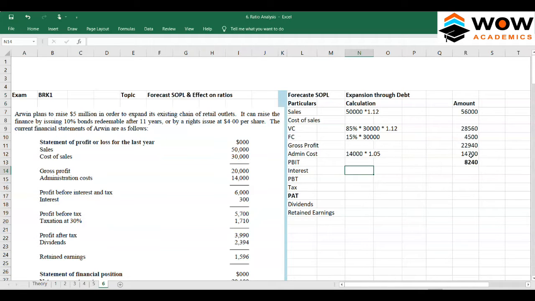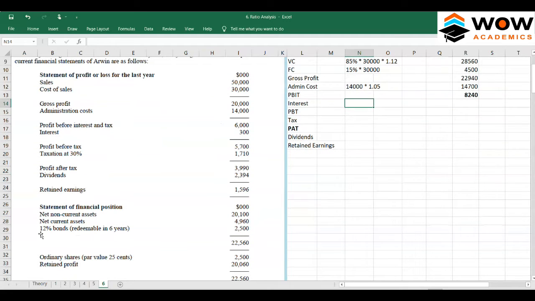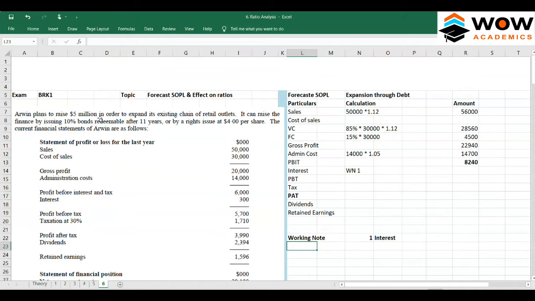Then there's interest. Interest is where things get interesting for us, because if the company is going to issue bonds, let's see whether the company already has bonds. Yes, the company already has bonds, so we have to do a working note here. Working note 1, and this is for interest. The company has to issue a 10% bond of 5 million worth.